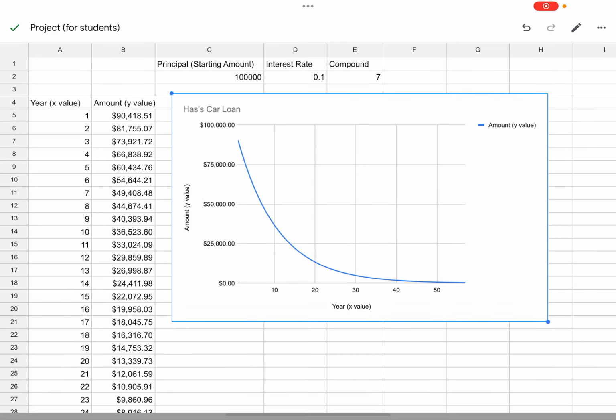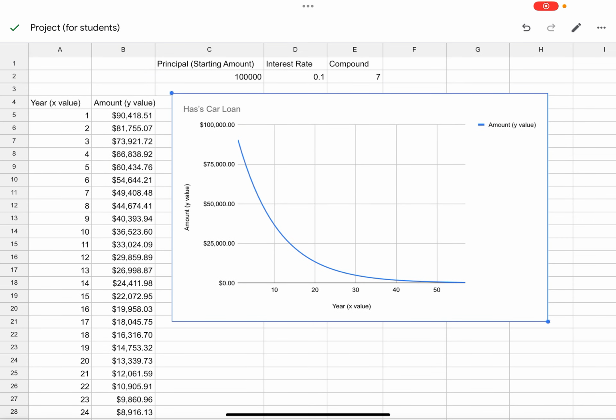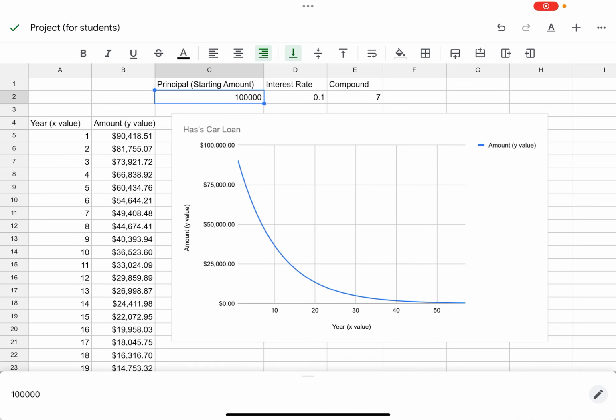Then you would make a Google Doc, and in the Google Doc, you'll type basically your explanation to me about what you did. Doesn't have to be super long, but it would just say, like, I'm taking out a car loan for $100,000 for a brand new truck. And my interest rate, I looked it up. The average interest rate is 0.625%. It's compounded.